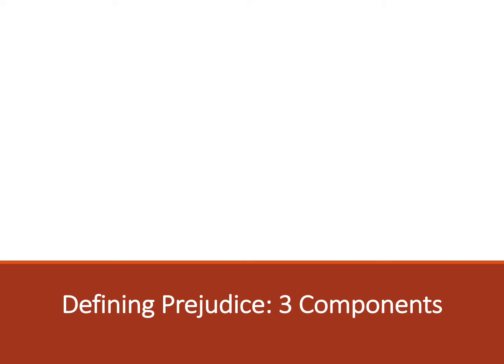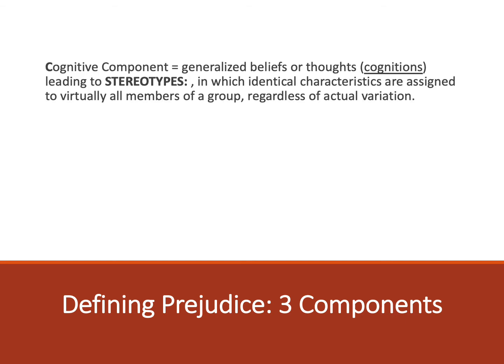So we know that prejudice is an attitude, right? And you guys will remember when we talked about attitudes early in the semester that every attitude has three components, right? A cognitive component, an affective component, and a behavioral component. What do I mean by that? What's a cognitive component? Well, what are cognitions?